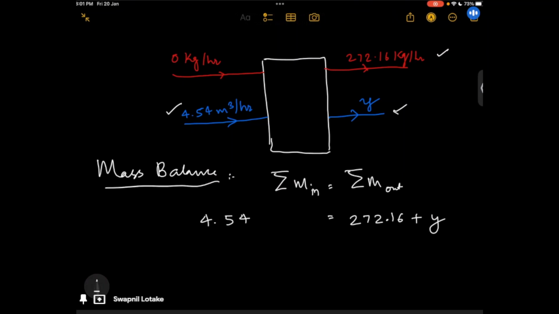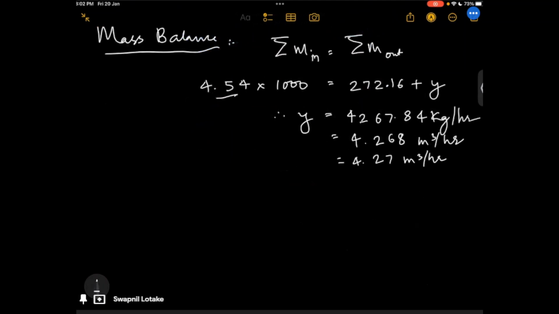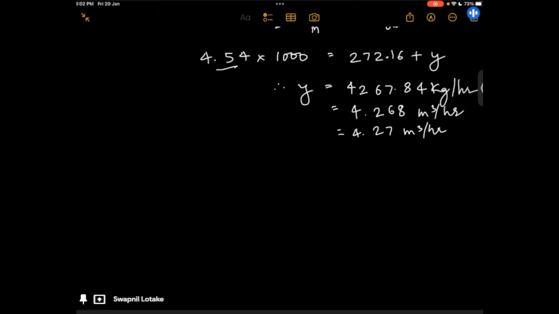When you convert meter cube to kg for water, you multiply by 1000. So you get y equal to 4267.84 kg per hour, or 4.268 meter cube per hour. Taking two decimal places, 4.27 meter cube per hour. Now this is the first system.